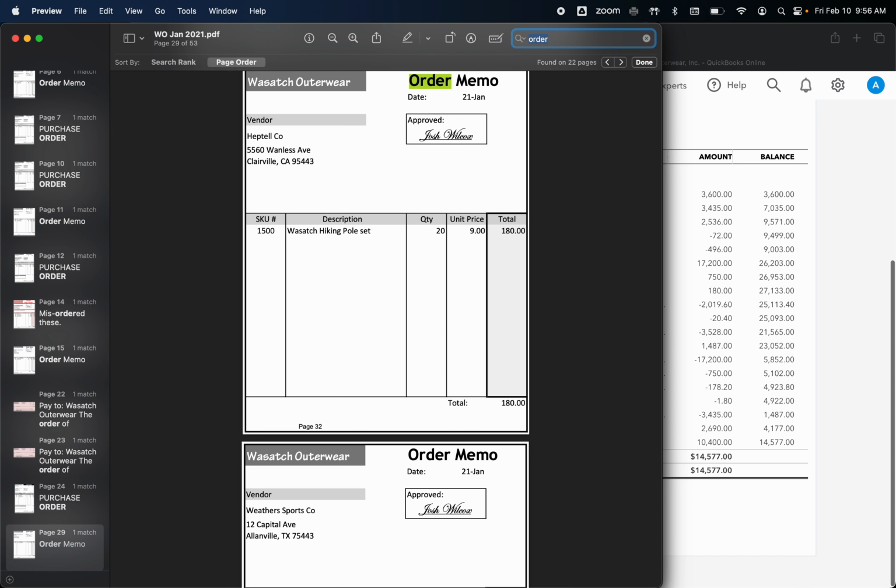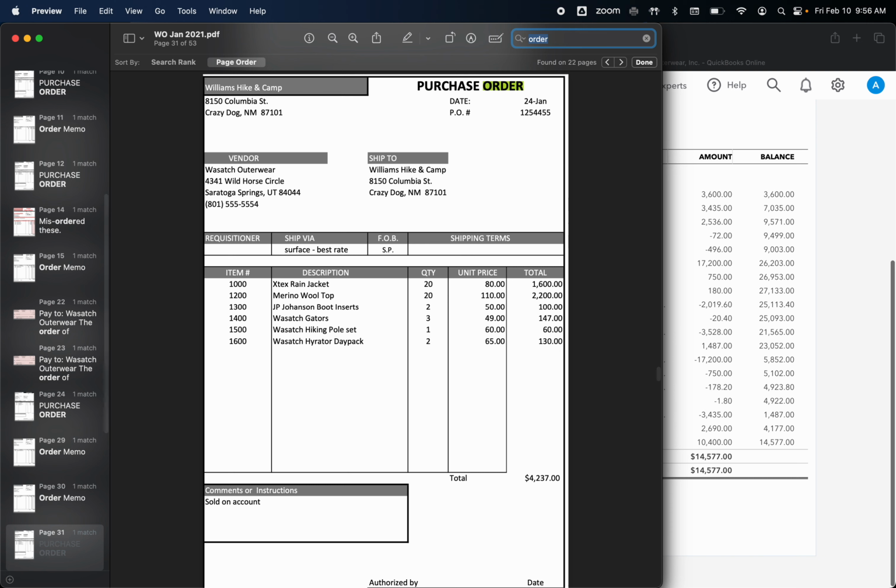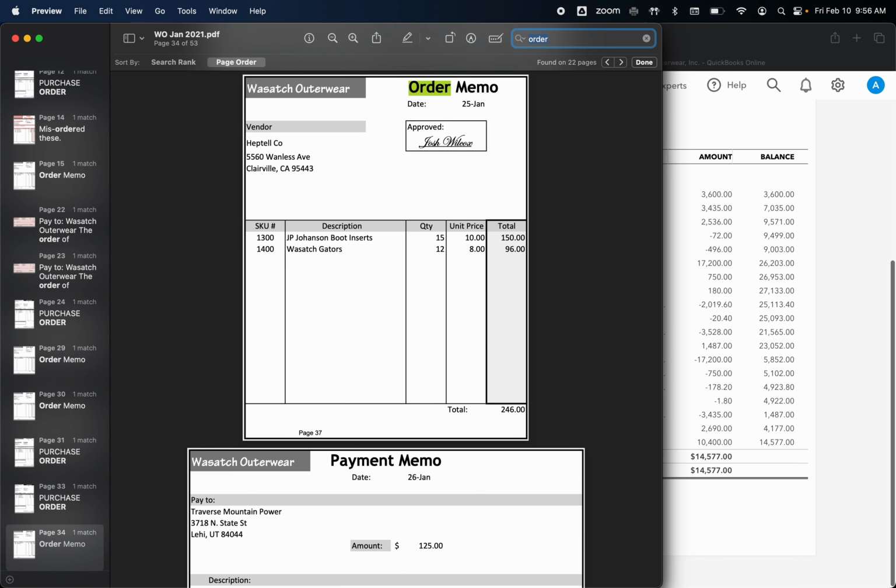Order memo 180 check. Order memo 750 check. Order memo 246, not check. 246 for Heptel. 246 plus the 1241 was 1487.